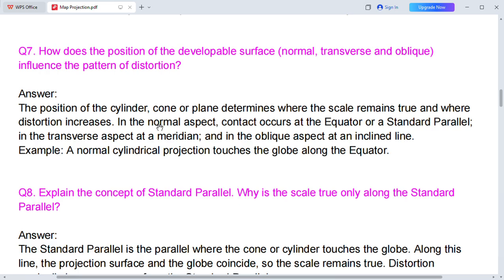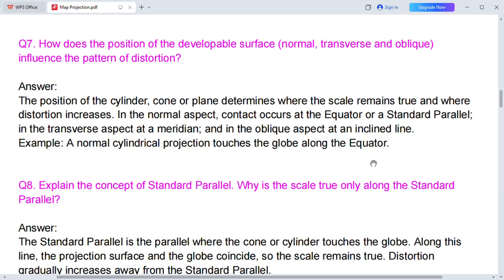In the normal aspect, contact occurs at the equator or a standard parallel. In the transverse aspect, at a meridian, and in the oblique aspect, at an inclined line. For example, a normal cylindrical projection touches the globe along the equator.